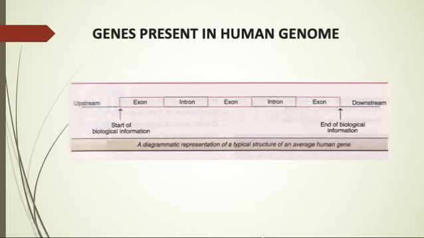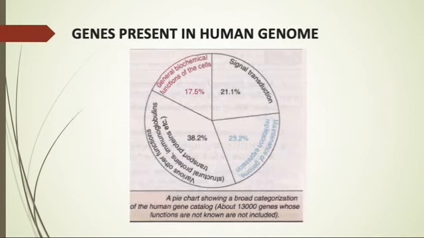Next we'll have a look at what the functions are. This shows the functions of the genes of the human gene catalog, which play an important role in synthesis of certain proteins. About 17.5% are for the general biochemical functions of the cells, and then you have 21.1% for signal transduction, 23.2% in maintenance of the genome and expression.